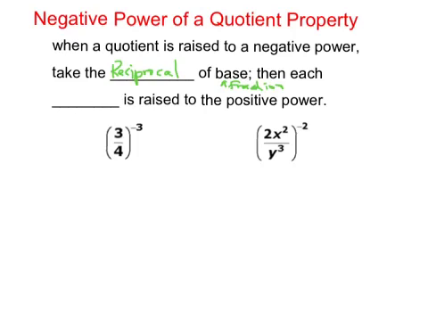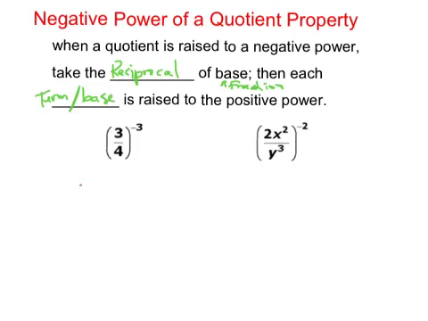Then each term, or each base, is raised to the positive power. So basically we're using that negative exponent to take the reciprocal and then doing it the same way that we just did.